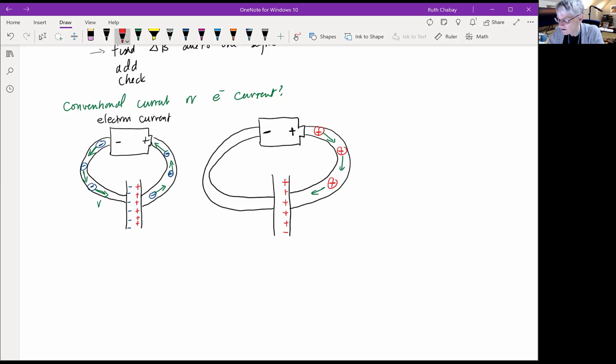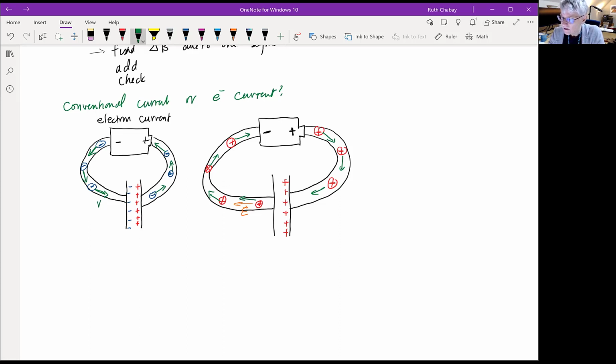Now it doesn't do to think of these positive charges as protons. These are fictitious positive charges, because Ben Franklin guessed wrong. And all these positive charges would make an electric field here in the wire, and so these mobile positive charges would want to move in the direction of the field, and so they'd be moving onto the negative end of the battery.